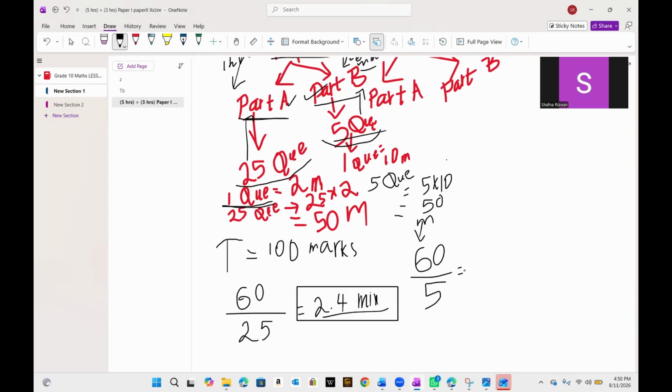That is 12 minutes. You should take around 12 minutes for one question in your part B. If you take 12 minutes for one question, then you can finish part B within 1 hour. Always make sure to use 12 minutes and finish it off.